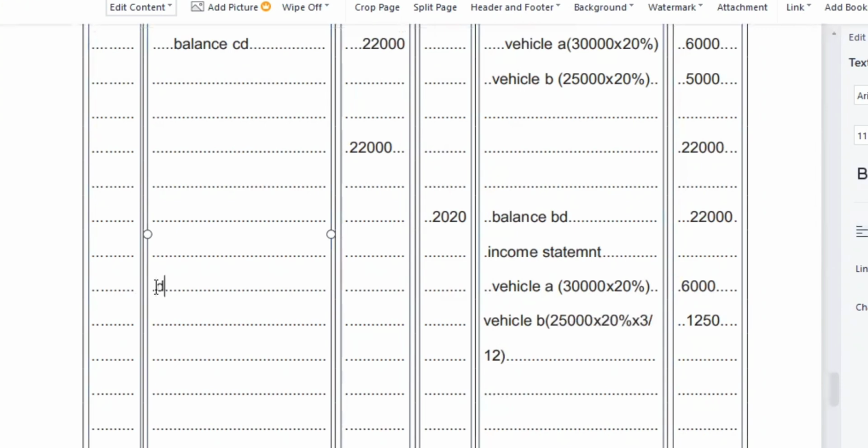So the disposal of vehicle B would be 5,000 for 2018, 5,000 for 2019, and 1250 of 2020 will be deducted from the accounts.